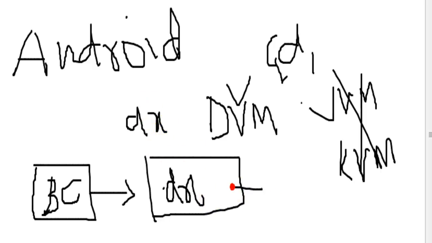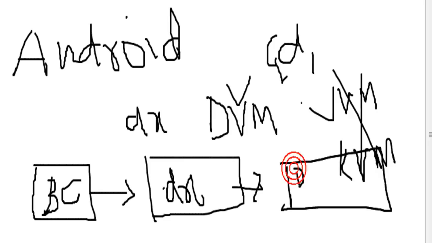Then we need to convert them into the Dalvik executable file, DEX. This can be run by Android applications. Okay, so that's the Android based OS. And also we have in Android a packaging structure. We have another tool called AAPT.